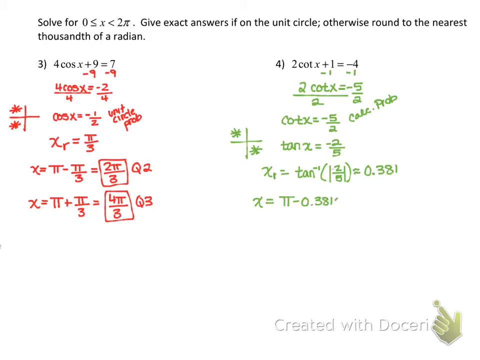And when we do this, we get about 2.761. And for quadrant 4, we do 2 pi minus 0.381, which gives us 5.902. So this one was quadrant 2, and this one was quadrant 4, and those are our two solutions.